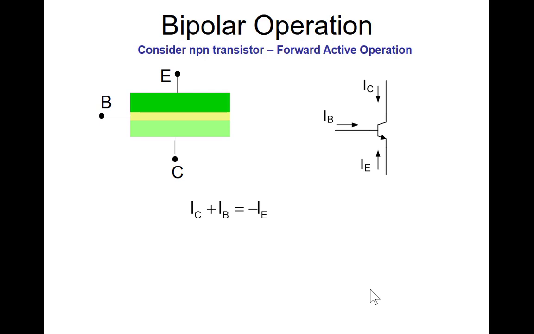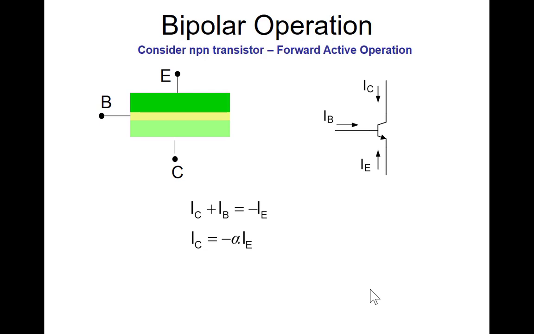So the collector current plus the base current is equal to the negative of the emitter current, where I'm using the convention that the current is defined to be the current flowing into that corresponding node. By definition, the efficiency of emitter current becoming collector current was alpha. So I can say the collector current is equal to minus alpha IE.